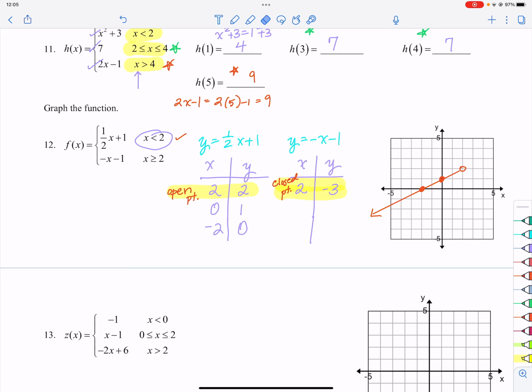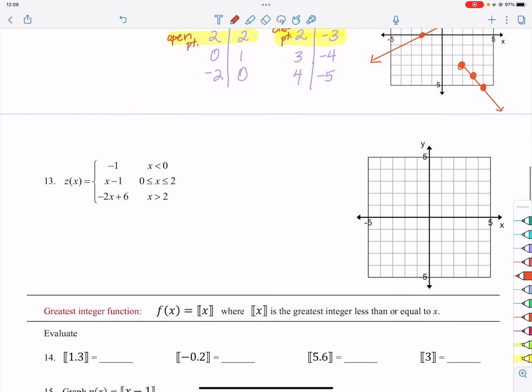Let's give some more values greater than or equal to 2. So we could use 3 and 4. So -3 minus 1 is -4, and -4 minus 1 is -5. So placing these, we have 2, -3, and we're going to have a closed point, 3, -4, and 4, -5. And so the other part of the graph looks something like this. Okay, so you can see the function defined in pieces.